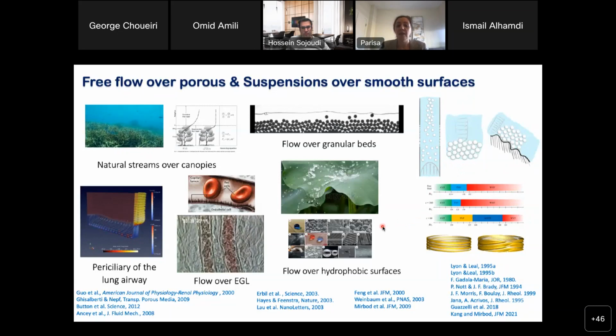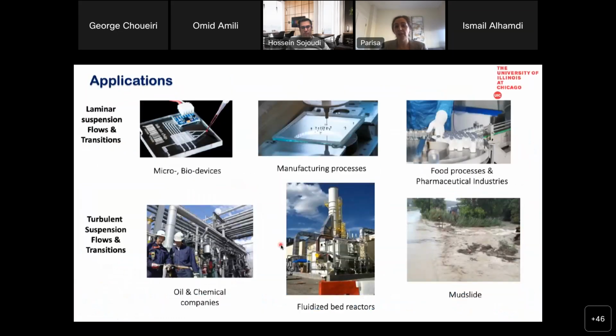Meaning that the flow over porous media is now coupled with the flow of suspensions. And it is anticipated that this coupled flow of suspensions over porous structures or permeable surfaces has a lot of applications in both laminar and turbulent regimes. Here you could see some of those applications.